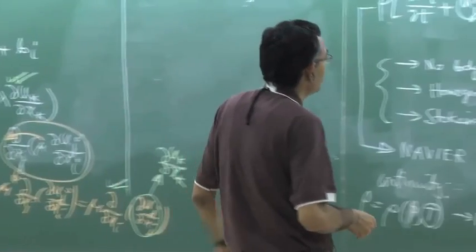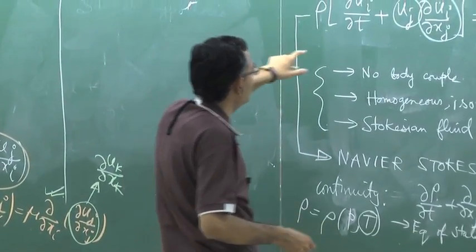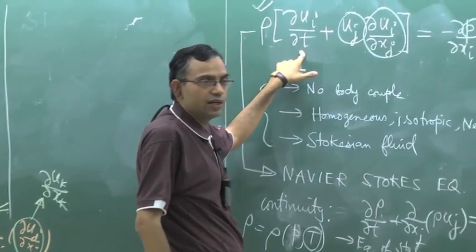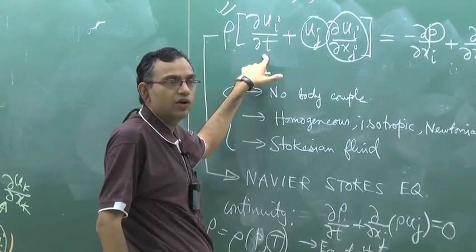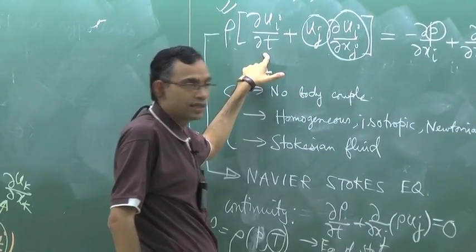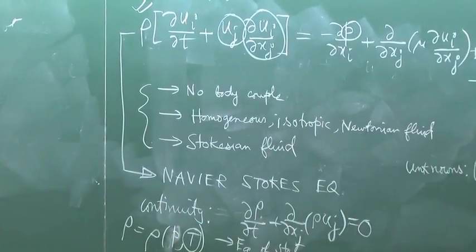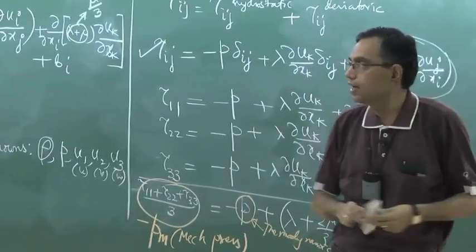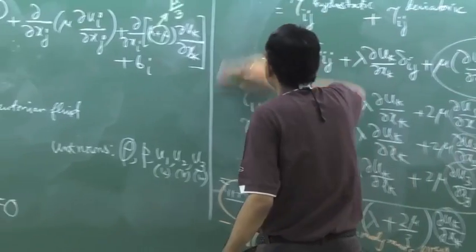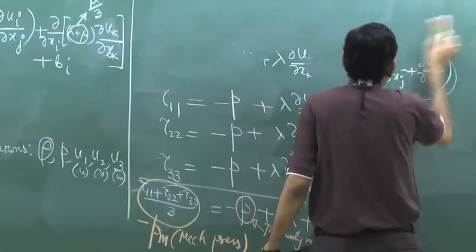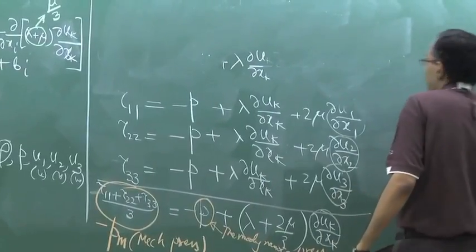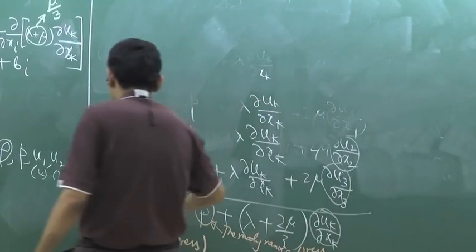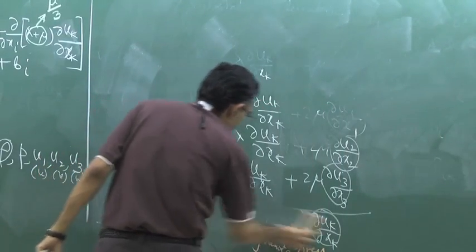The final note with which we will conclude today's lecture is, this is index notation, but how do we write these equations in the normal XYZ system? Because for problem solving we normally do not use the index notation but the normal XYZ system. So we will write the equations in the Cartesian system.